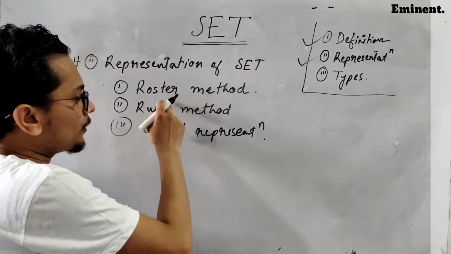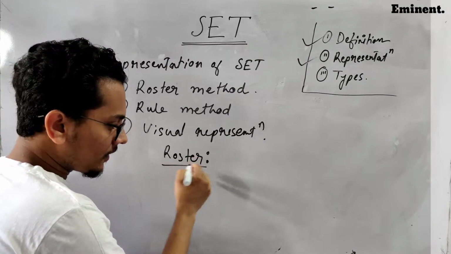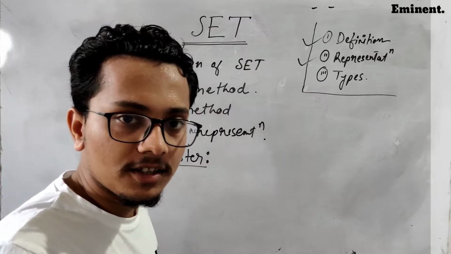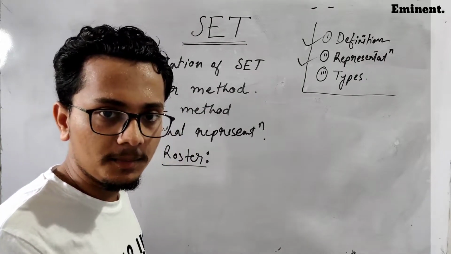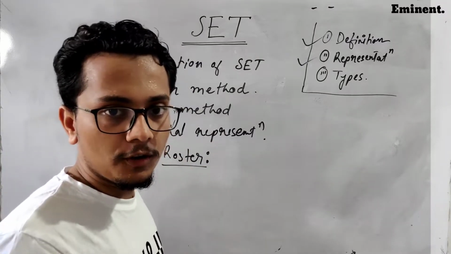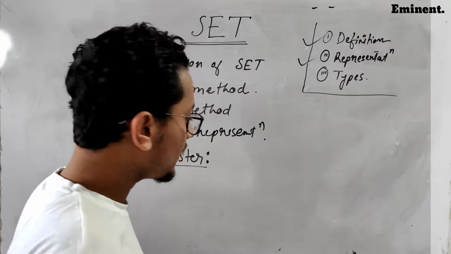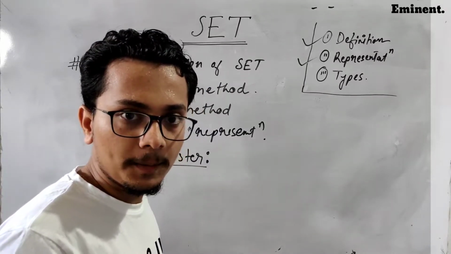In the first, roster method, you will just list the elements. You will just write the elements, like in the explanation of the definition I took the example of vowels of the English alphabet, right?